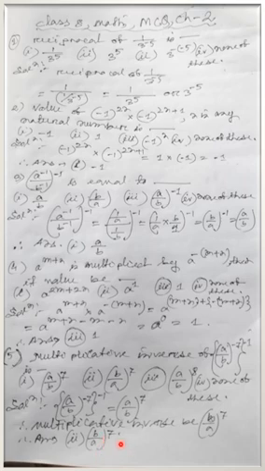If someone writes a by b whole to the power minus 7, then also it is correct, because a by b whole to the power plus 7 into a by b whole to the power minus 7, if you multiply it, becomes 1, because plus 7 minus 7 becomes 0. A by b whole to the power 0 equals 1. So ultimately it will be 1. So you can write it like this also, a by b whole to the power minus 7 or b by a whole to the power plus 7. This is the answer.